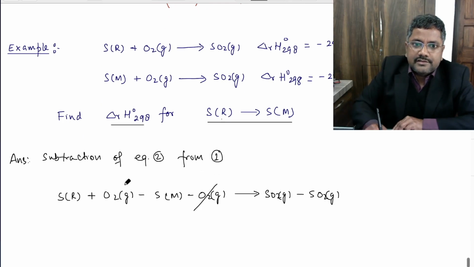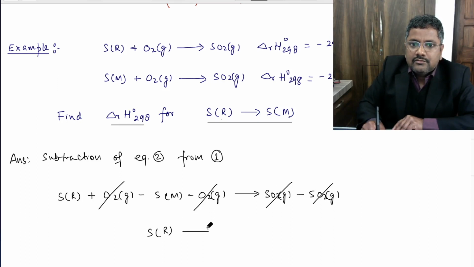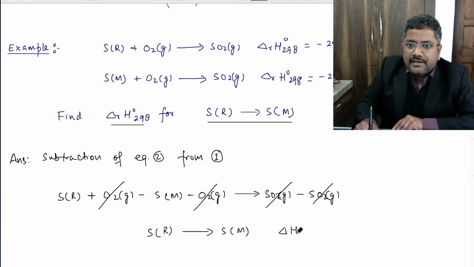So this is cancel, this is also cancel. So now you have sulfur rhombic to sulfur monoclinic. Now accordingly you can subtract the delta H also. So delta H reaction at 298 Kelvin is equal to this minus this.